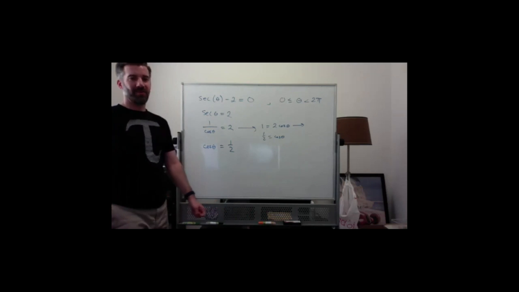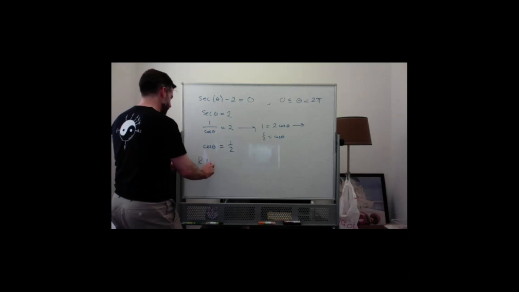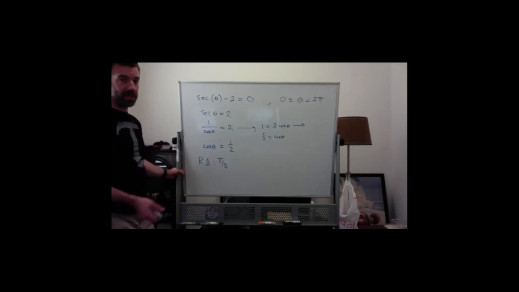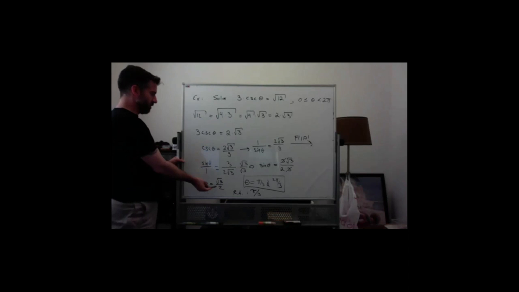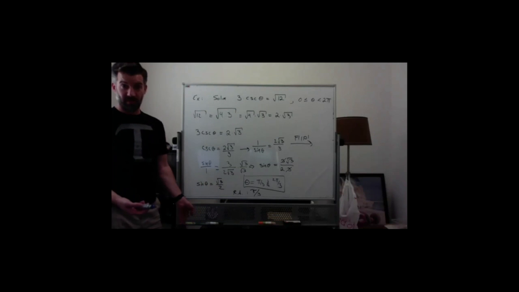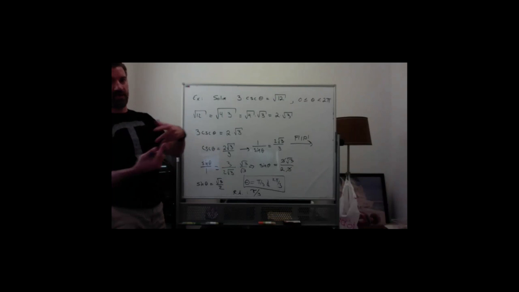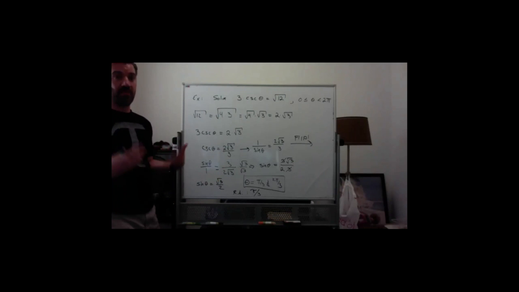So then, where does cosine theta equal 1/2? Well, another reference angle is pi over 3. Just like sine of theta equals root 3 over 2, the reference angle is pi over 3. If sine is root 3 over 2, cosine is 1/2, and vice versa. If sine is 1/2, cosine is root 3 over 2 at the same angle.